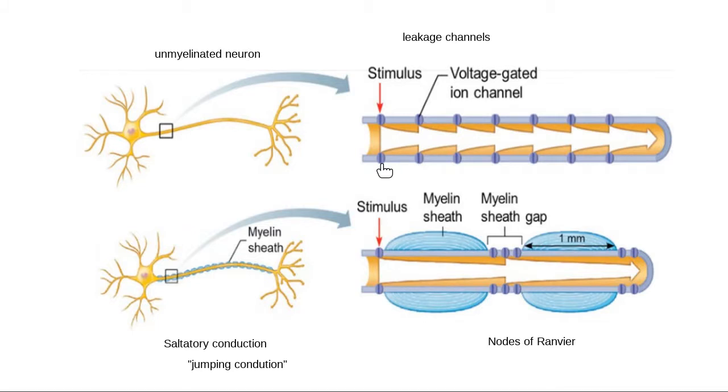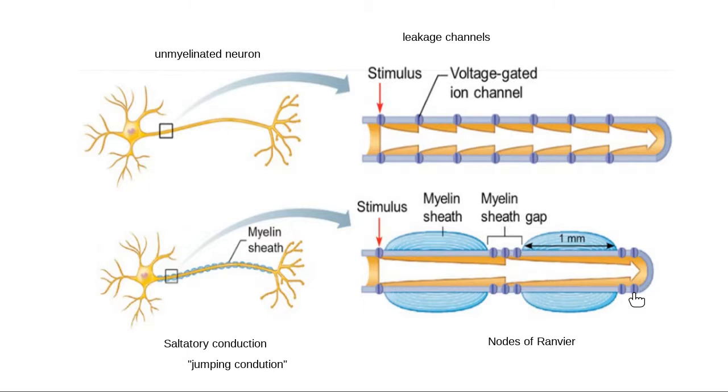If I constantly have to reopen voltage-gated channels, which is what I'm doing with an unmyelinated neuron, it's going to take a lot longer for me to get my message all the way down compared to just opening it every so often, compared to just using the nodes of Ranvier.